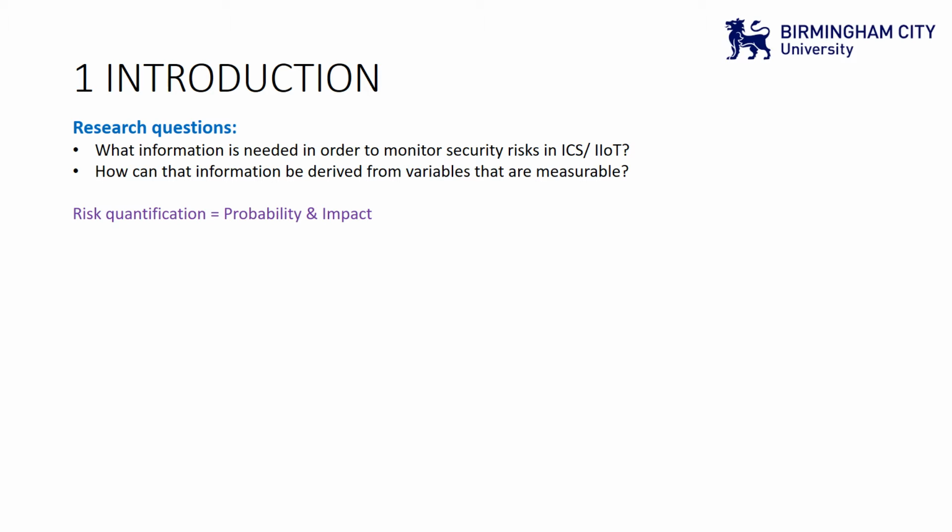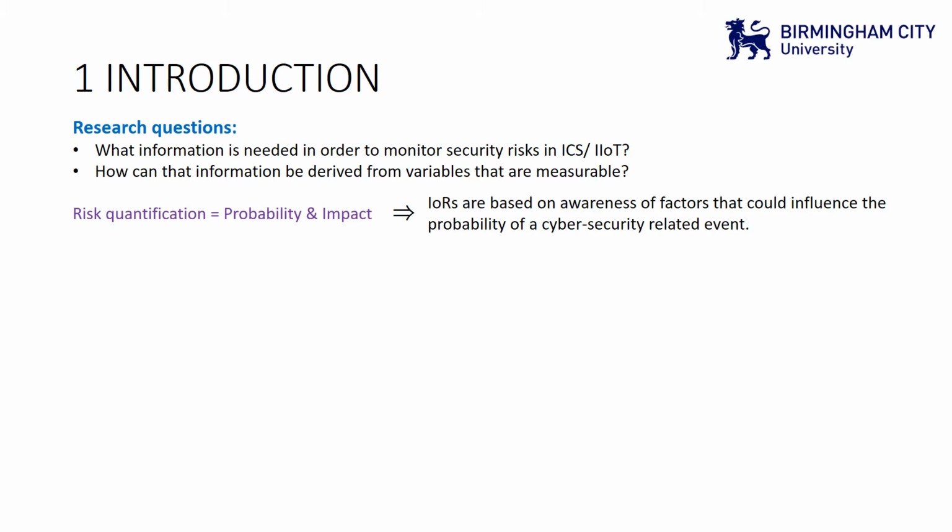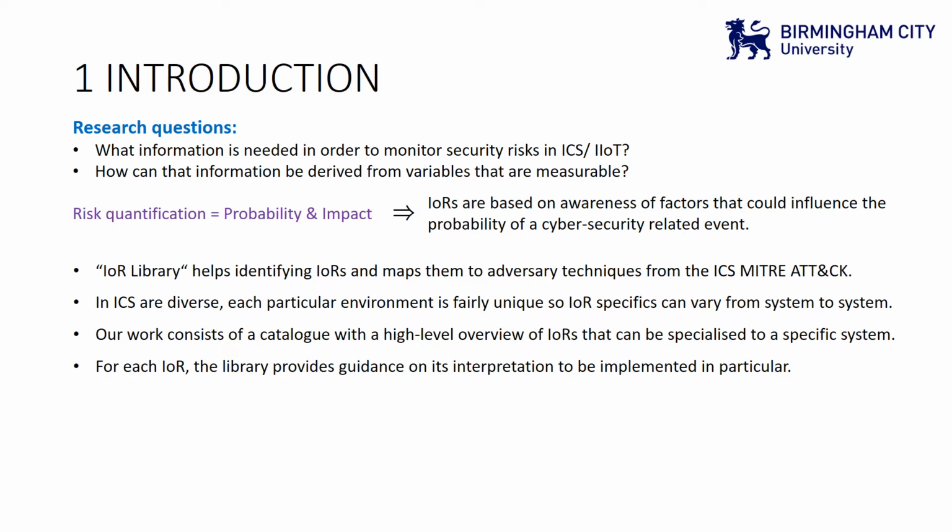It's widely accepted that risk quantification is done based on the probability and the impact. So indicators of risk are based on the awareness of factors that can influence the probability of a cybersecurity related event. The indicator of risk library helps identify these IORs and maps them to adversary techniques from the ICS MITRE ATT&CK framework.